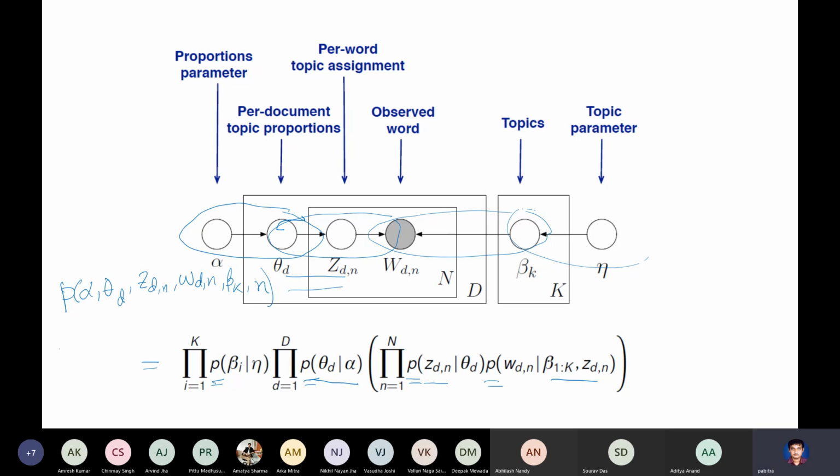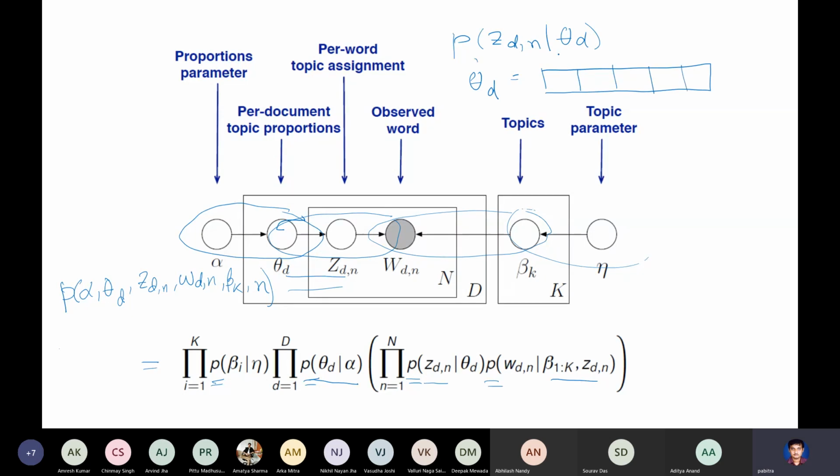In LDA, we assume these distributions to be as follows. Let us look at what is P of z dn given theta d. So what is theta d? Theta d, we remember, is the topic proportion for document d. So it will be like this.